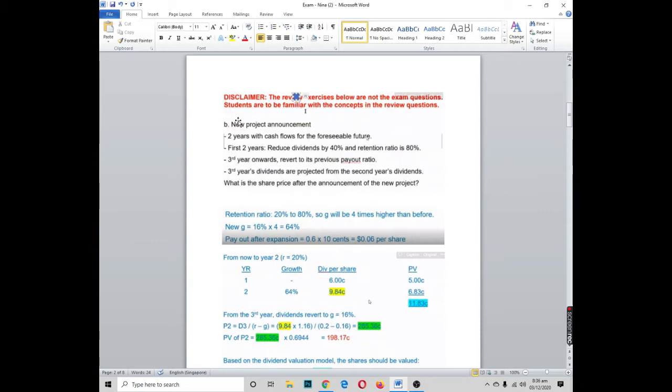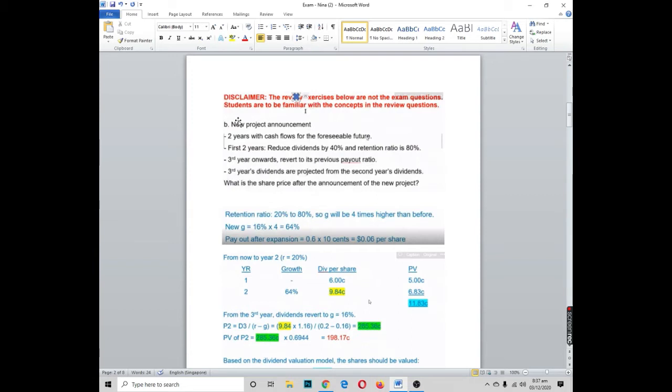For example, in part 1 we receive 10 cents, so we decrease 10 cents by 40%, so the answer will be 0.6, and retention ratio is 80%. Third year onward, revert to its previous payout ratio.